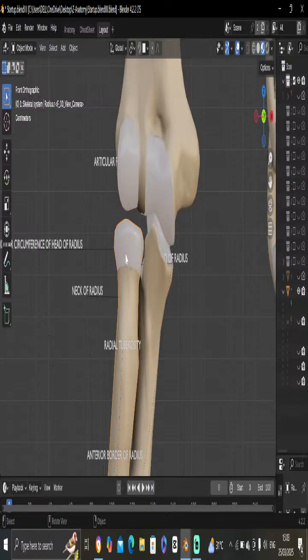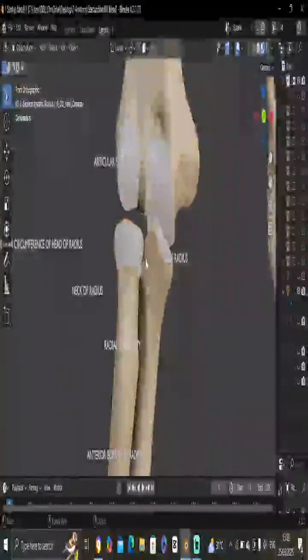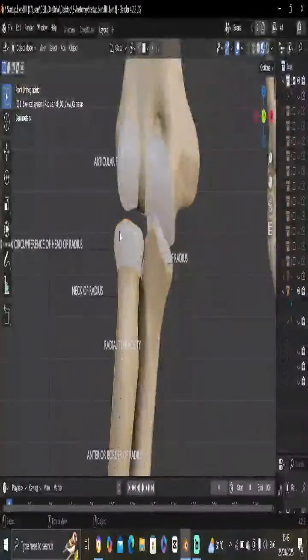This head is covered by a ligament called the annular ligament. The head of the radius articulates with this portion of the ulna, also at the proximal radio-ulnar joint.